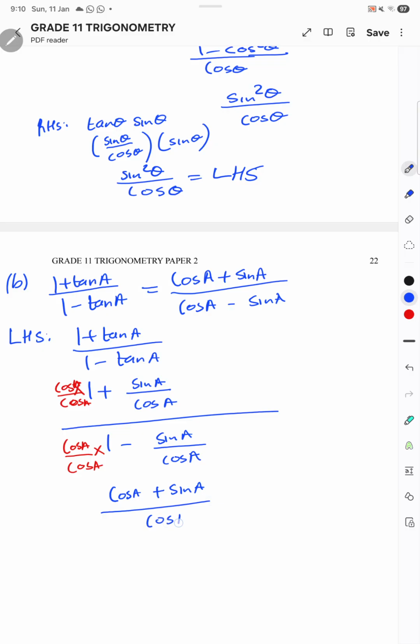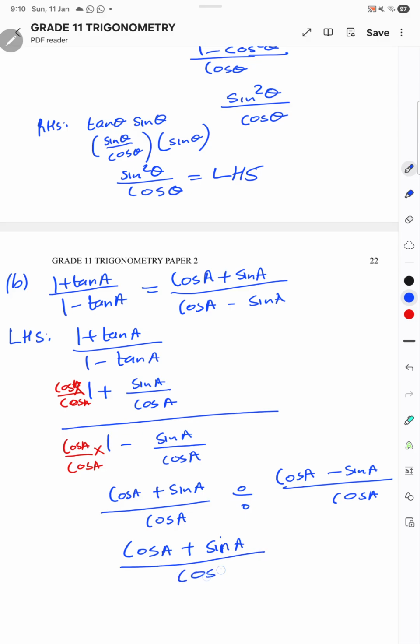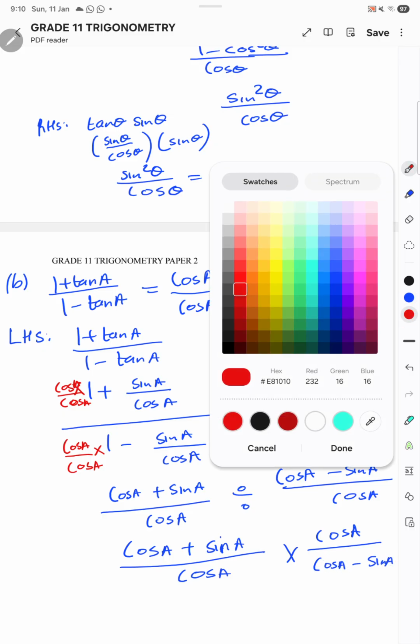All right. And then this will then be cos A plus sine A over cos A. Now this is divided by cos A, which is the down part, minus sine A over cos A, which is cos A plus sine A divided by cos A multiplied by cos A over cos A minus sine A. Remember, when you change the multiplication, you swap.